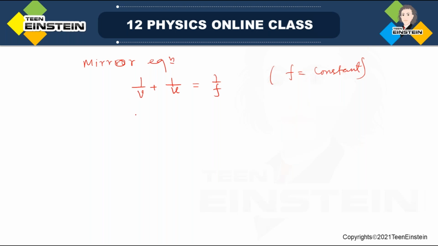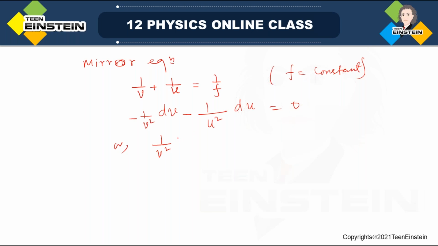So if I just take the derivative, just like what you have done for calculation of percentage error, this will be 0. Look, this says minus 1 over v square dv.